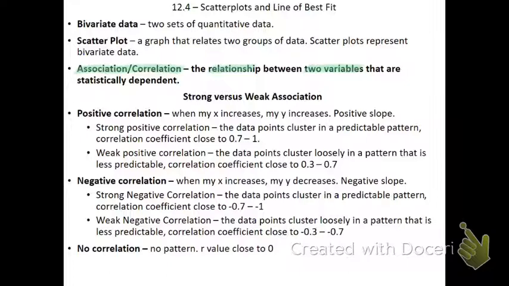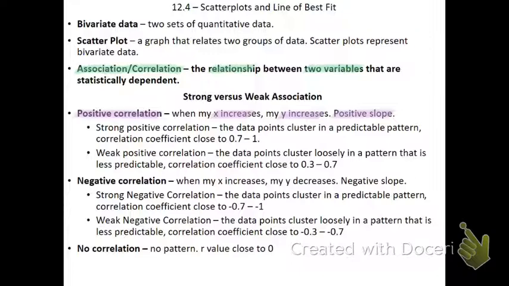Here, positive correlation means that as my x increases, my y increases as well. The most important thing is that, again, this is my positive slope. We've actually talked about this already this year when we did lines of best fit before. But if you have a positive slope, that means that you're going to have a positive correlation.